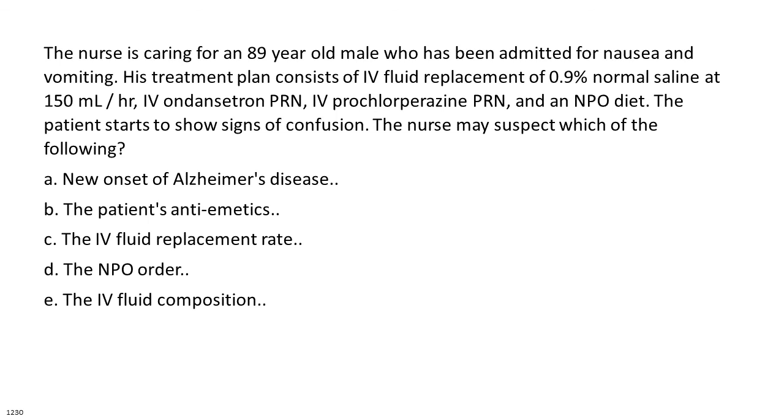The nurse is caring for an 89-year-old male who has been admitted for nausea and vomiting. His treatment plan consists of IV fluid replacement of 0.9% normal saline at 150 ml per hour, IV ondansetron PRN, IV prochlorperazine PRN, and an NPO diet. The patient starts to show signs of confusion. The nurse may suspect which of the following? A. New onset of Alzheimer's disease.